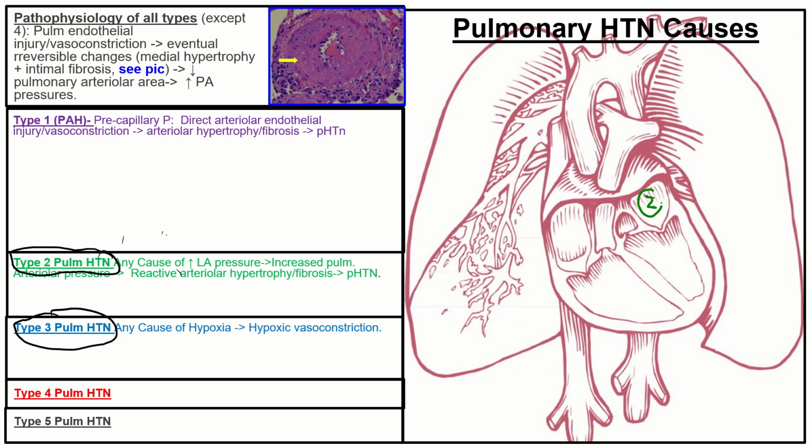So why are these patients getting increased pulmonary capillary wedge pressure, which is a stand-in for your left atrial pressure? There are different ways, right? They can get mitral regurgitation, they can get mitral stenosis that can increase pressure in their left atrium, and subsequently their wedge pressure. Subsequently, that pressure can go back and cause increased pulmonary capillary wedge pressure.